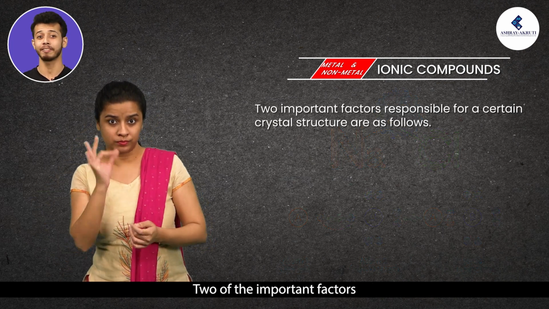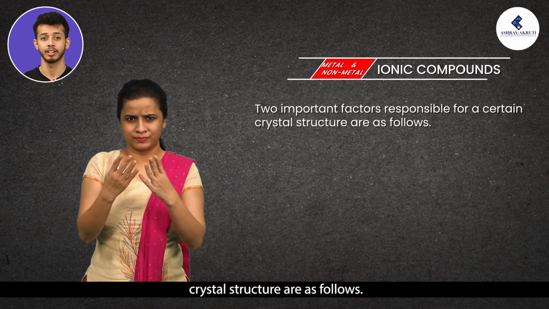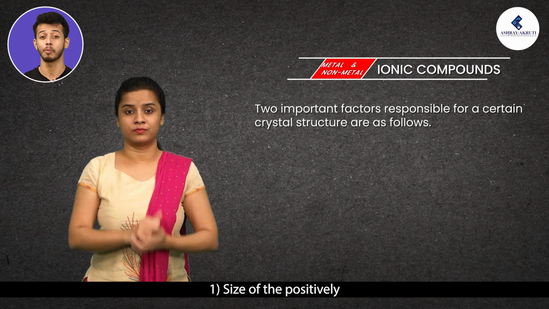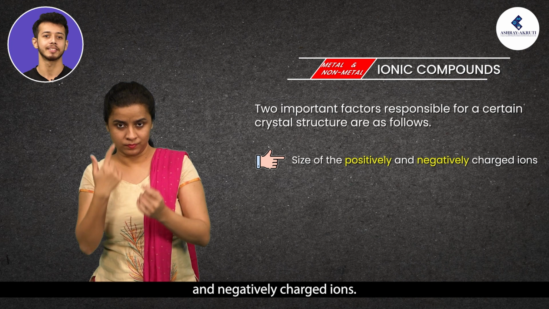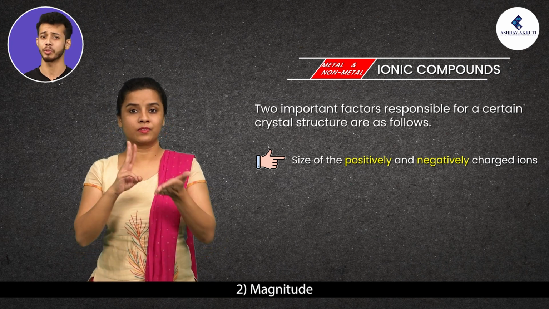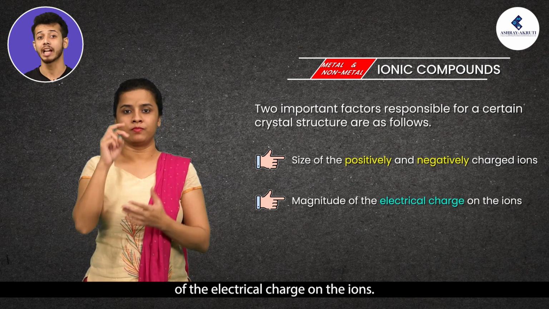Two of the important factors responsible for a certain crystal structure are as follows. Number 1. Size of the positively and negatively charged ions. Point number 2. Magnitude of the electrical charge on the ions.